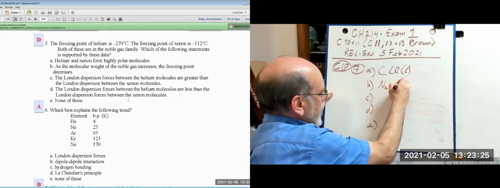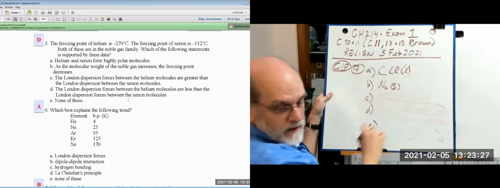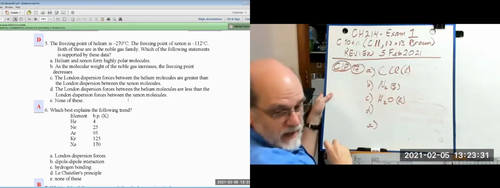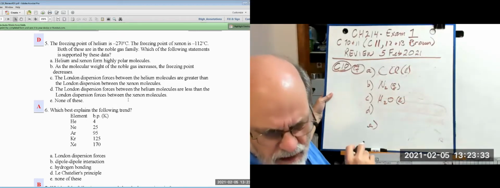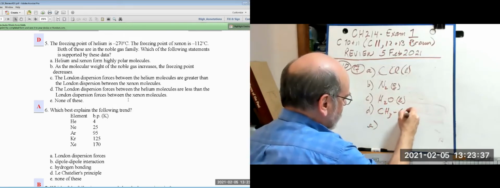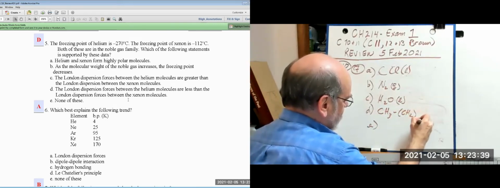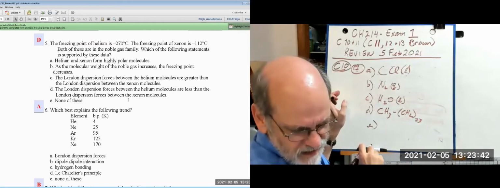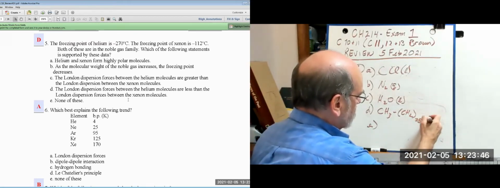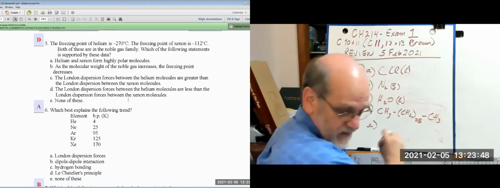Nitrogen, gas. Water. And this one. And let's see, it's 25, excuse me, 25. And that one. And that's a liquid, of course.